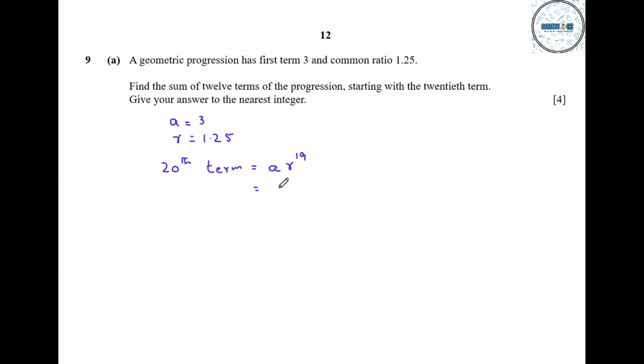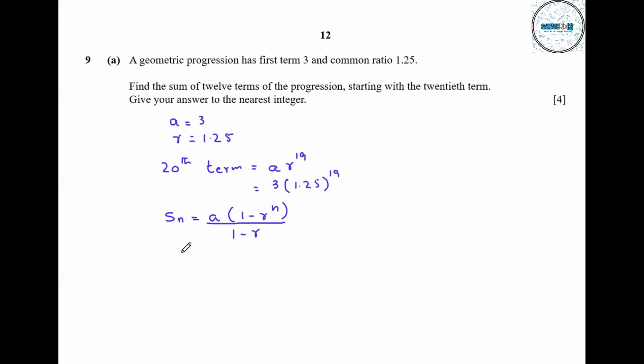So which means a is 3 and r is 1.25 power 19. So this is the first term we have to consider. The formula for finding out sum to n terms is a times 1 minus r to the power n divided by 1 minus r.